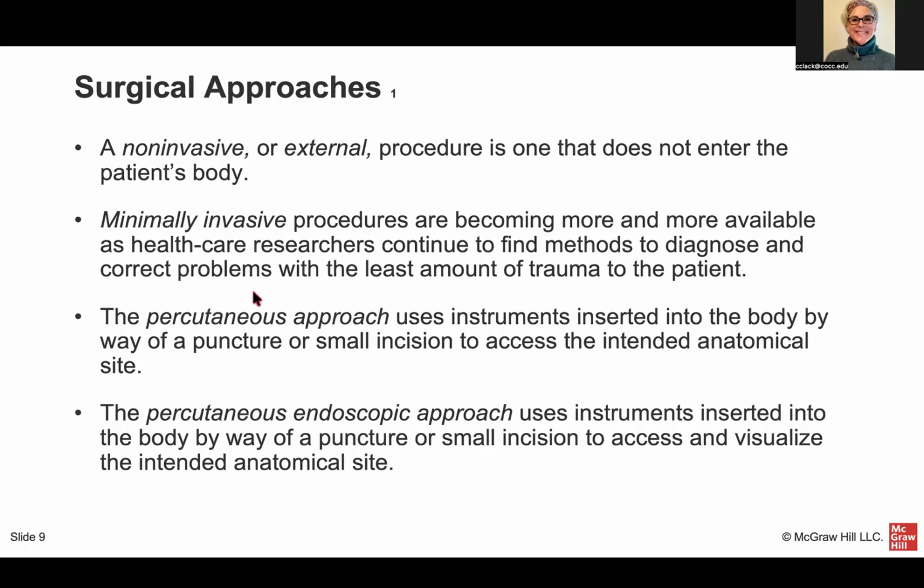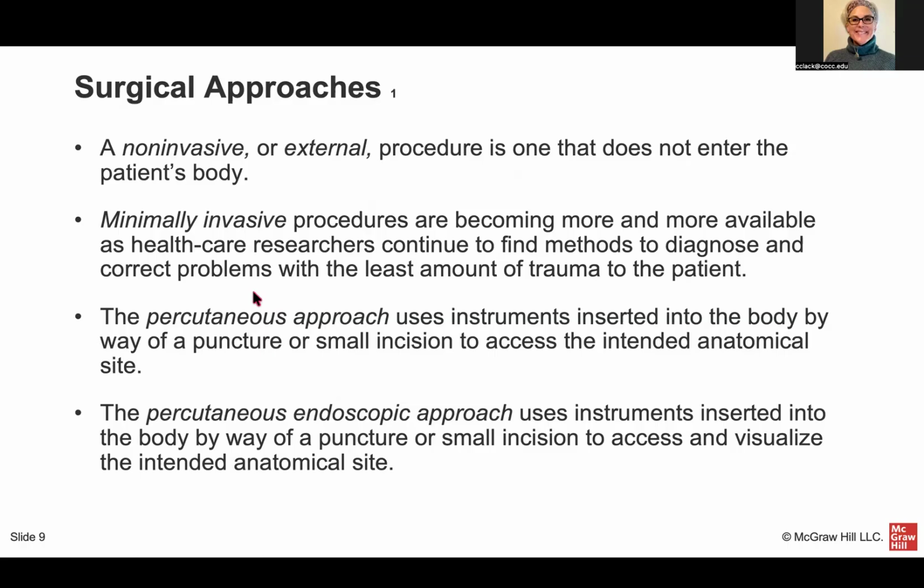Minimally invasive procedures are increasing all the time as technology improves. The goal is to accomplish what you need with the least amount of trauma to the patient. The percutaneous approach means instruments are inserted through a puncture or a small incision. There's no big opening. Now, this is common for things like biopsies or certain injections.